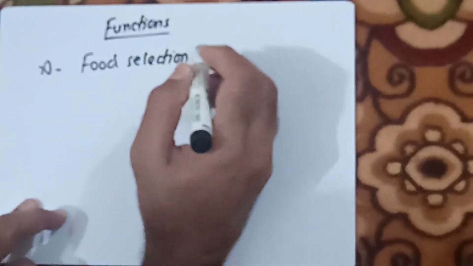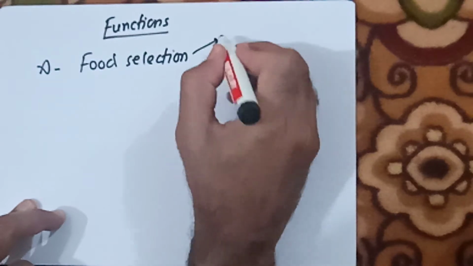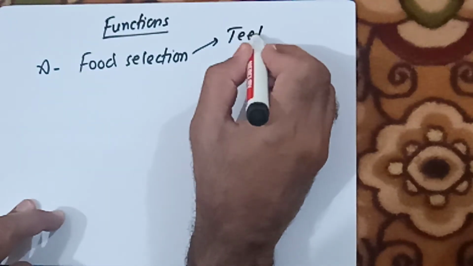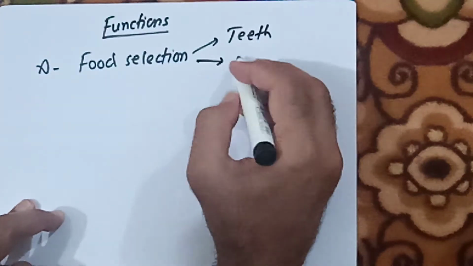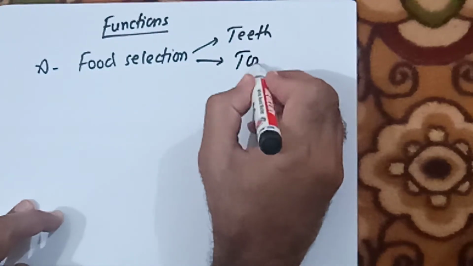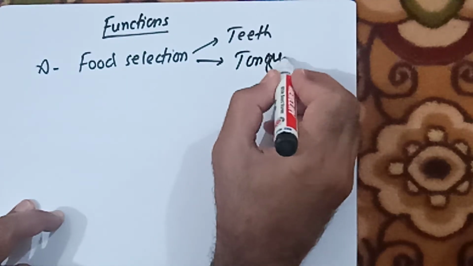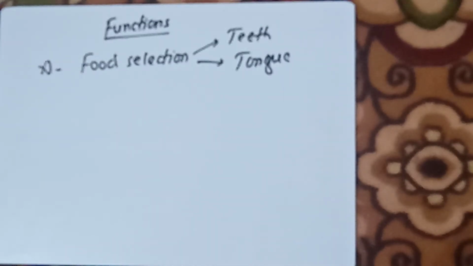Food selection will take place with the help of the teeth and tongue. How? The teeth will detect whether the food is soft or hard. If it is hard, our mouth cavity will not accept it, so we will not eat that.